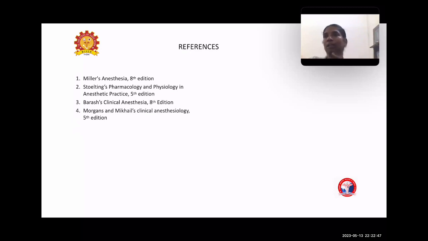The recent ones are xenon and cyclopropane. Of these, for halothane we should know about halothane hepatitis, and for nitrous oxide we should know that it is stored as liquid under pressure. Once it is used, it is released as gas. Okay, so the weight is calculated based on the weight of the cylinder, not by opening the gas. Okay, so these are all the references; you can see them in Miller also. Okay, thank you.